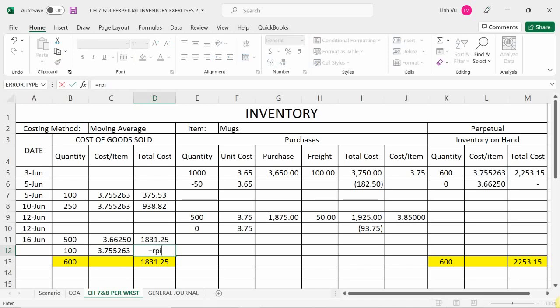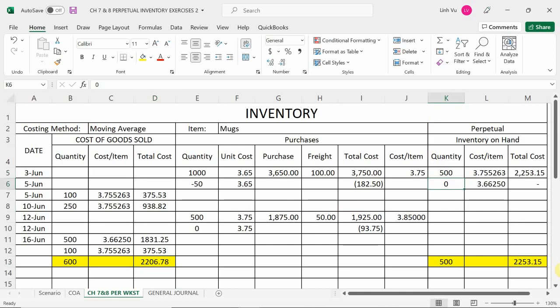So what is the total cost if I sold 100 of this batch right here? $375.53, giving me a grand total of 600 units costing $2,206.78.